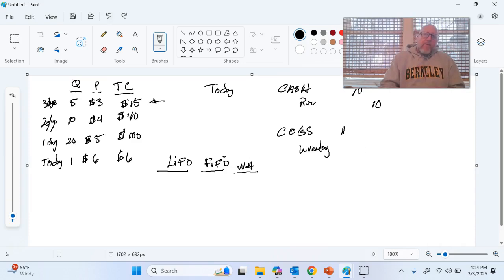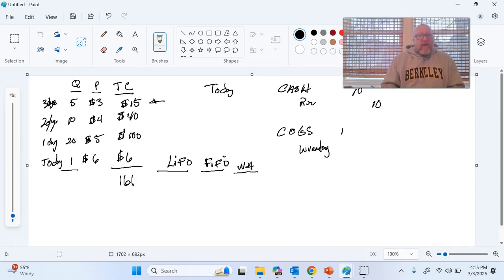And then if I was using weighted average, I will go through weighted average again in detail, but I would total up all of the costs, and to me that looks like it's going to be 155, 161. That's the total cost.